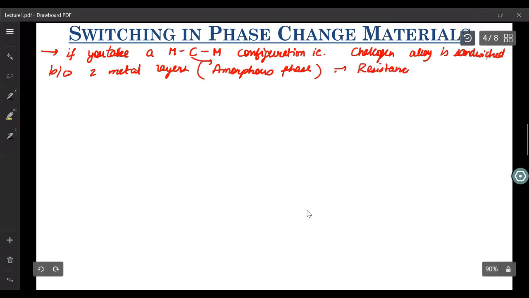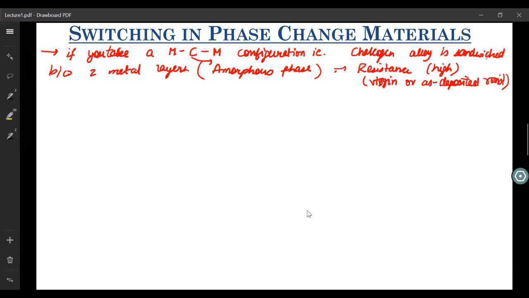This resistance would be high because the material is in the amorphous state, and it will offer a high series resistance. So you initially start with a very high series resistance, and we call this, let's say, virgin or as-deposited resistance.